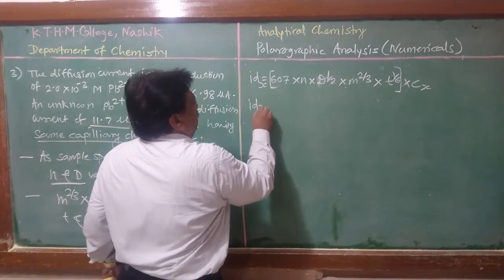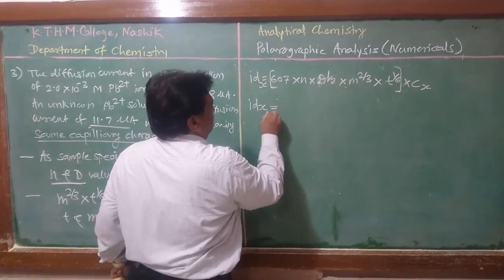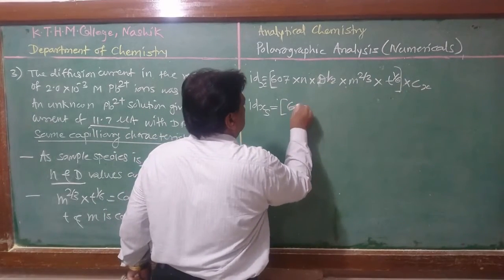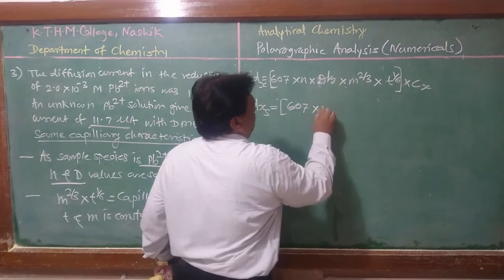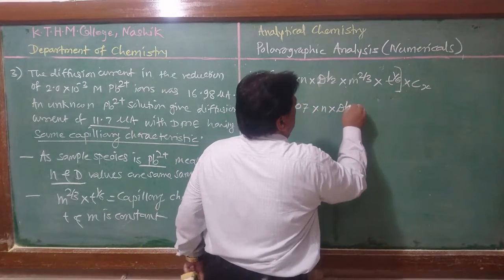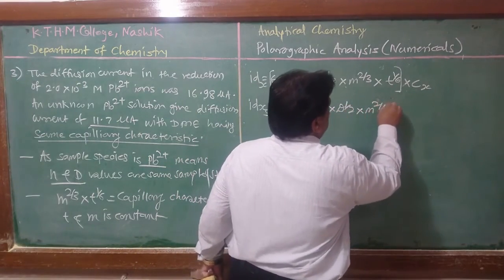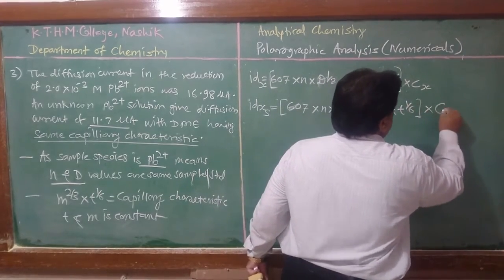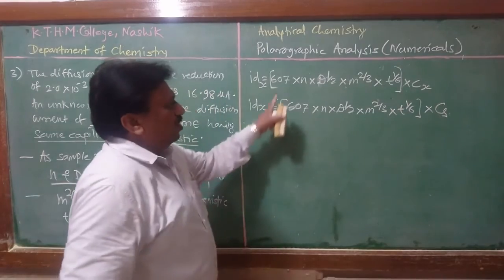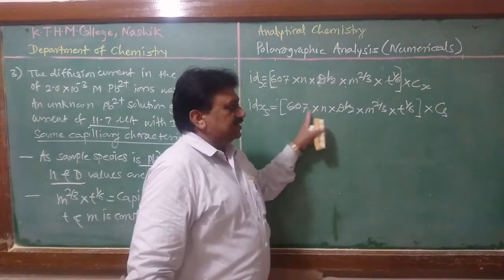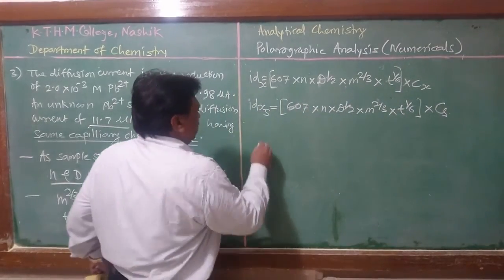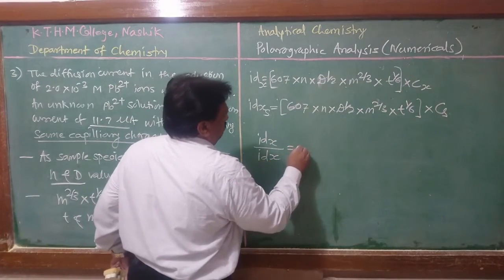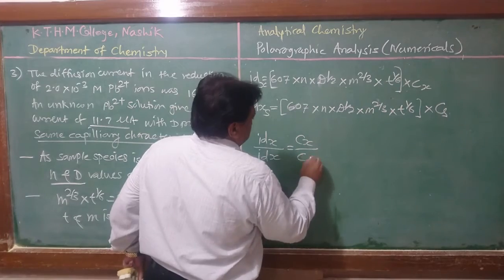Similarly, IDS for the standard is equal to 607 into n into D raised to half into m raised to 2 by 3 into t raised to 1 by 6 into Cs. In this case, all these factors are constant for sample and standard, and therefore we can write IDX upon IDS is equal to Cx upon Cs.